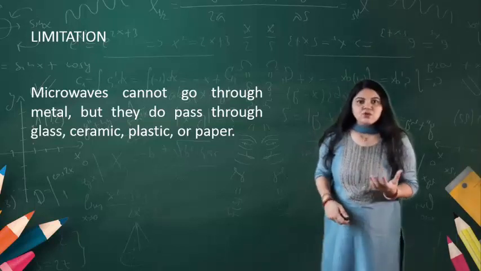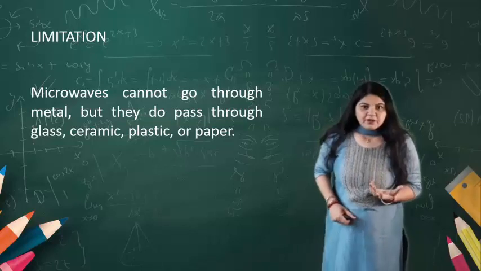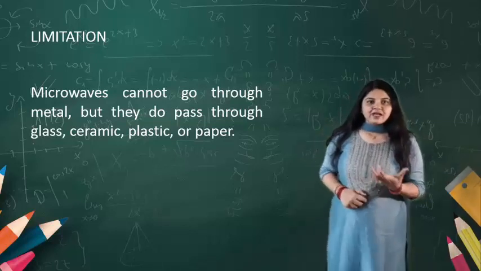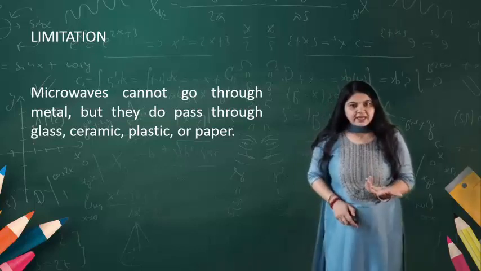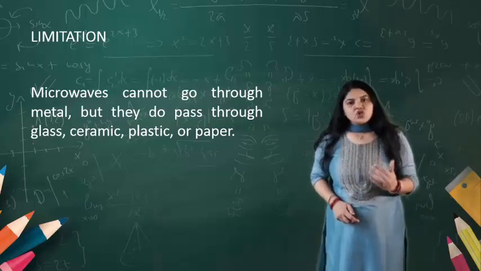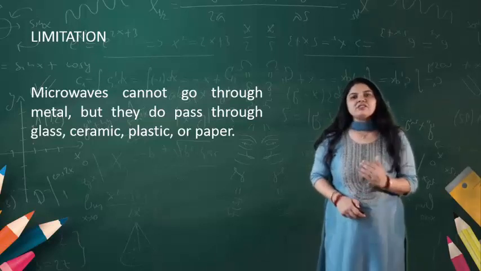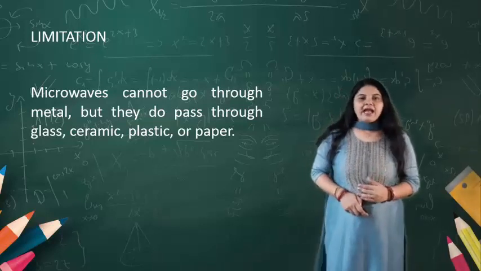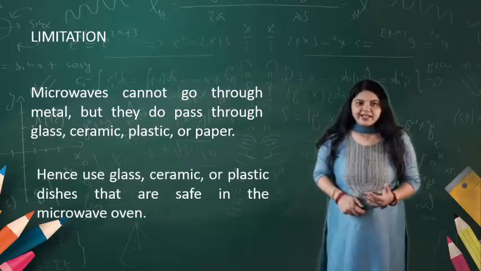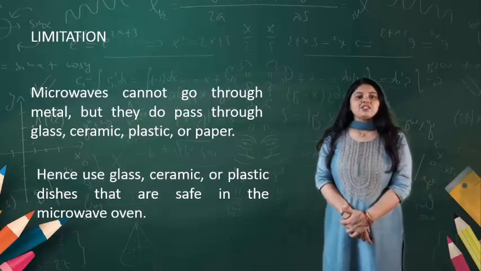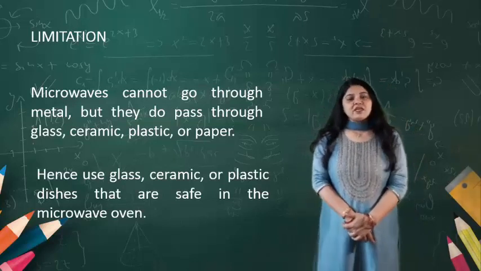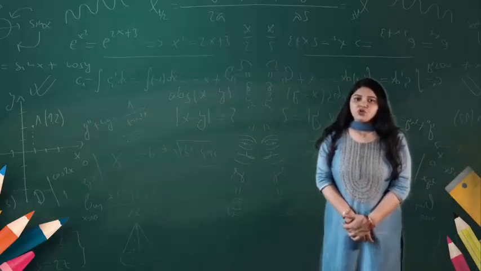So you can use good plastic containers, specific ceramic containers, or glass containers to cook the food, so that the microwaves enter through that material and cook the food evenly. Hence glass, ceramic or plastic dishes are safe in the microwave oven.